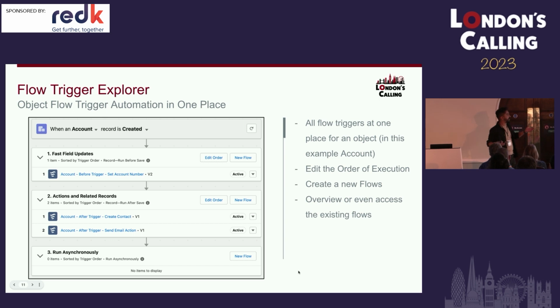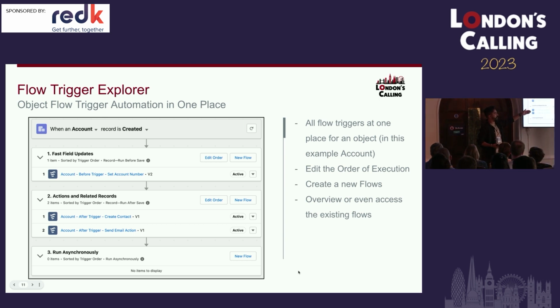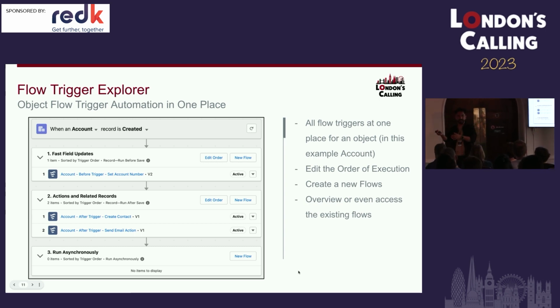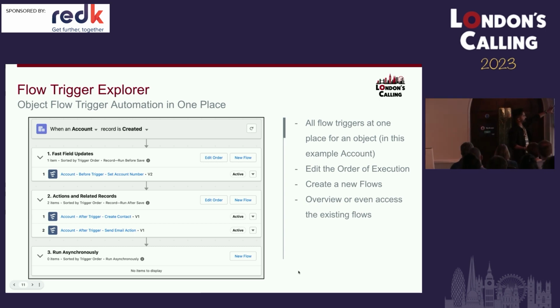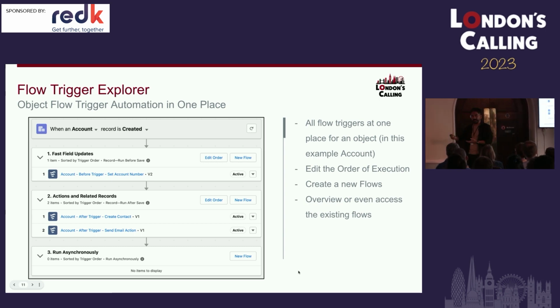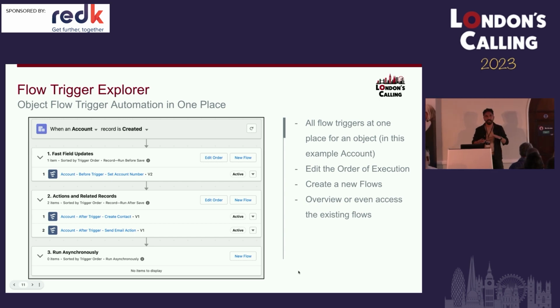So I could say which process should happen before and which process should happen after. Obviously the fast field updates happen before the save, as I said before, and then this happens after the save to the database, and then asynchronous happens post that. But within that section, you could order elements where you say this comes first and this comes next.